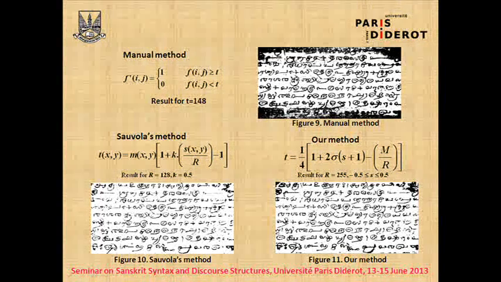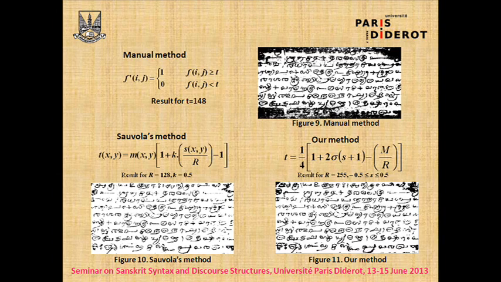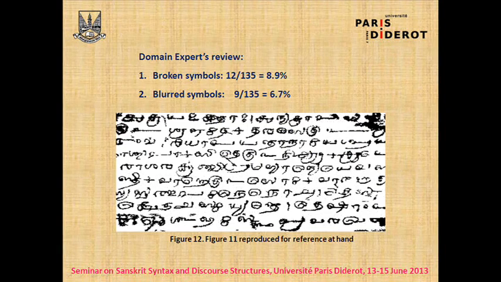Sauvola has used 148 for his sample. However, manuscripts that are soiled or dust encrusted show a significantly greater value, that is 255 in our samples of Granthascript folios in the library of University of Mumbai.